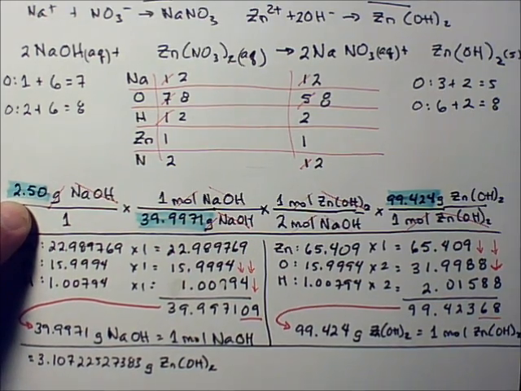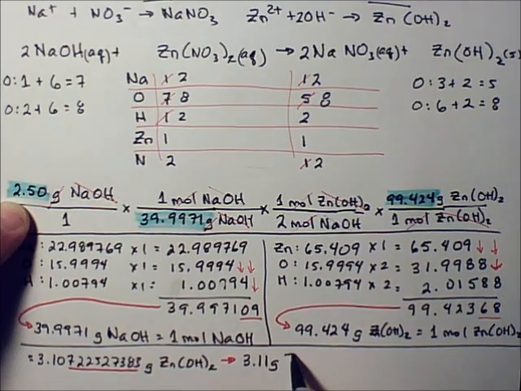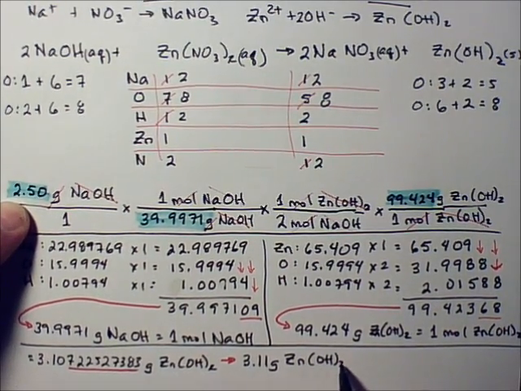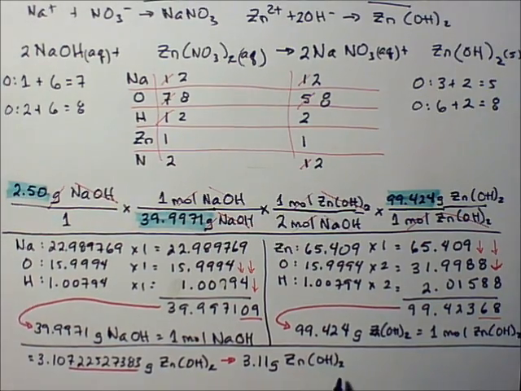It has 3 digits, so that's the number of digits I want in the final answer. 1, 2, 3, rounding off from here over. And I have now 3.11 grams of zinc hydroxide. Okay? So, that's the first stoichiometric calculation.